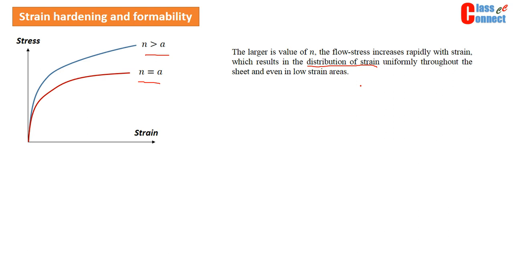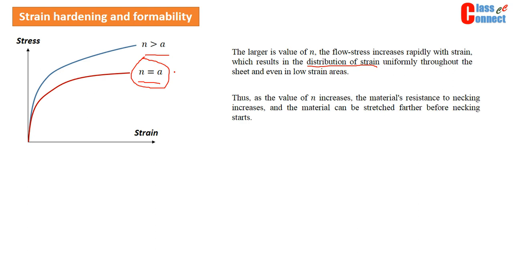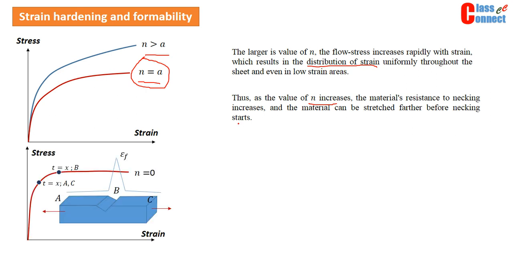So let us see what role n plays in maintaining the uniform strain distribution throughout a sheet for sheet metal work or this forming operation. As the value of n increases, the material resistance to necking increases, and the material can be stressed further before necking starts. So let us try to understand what exactly happens.